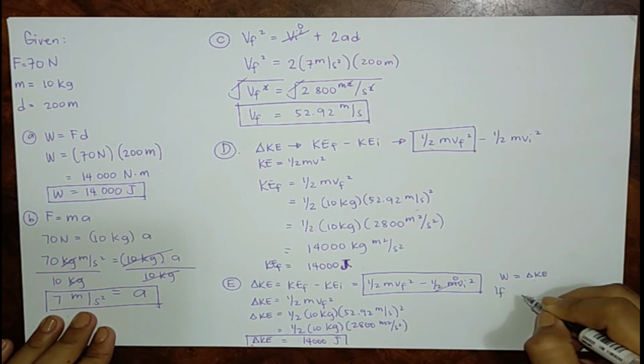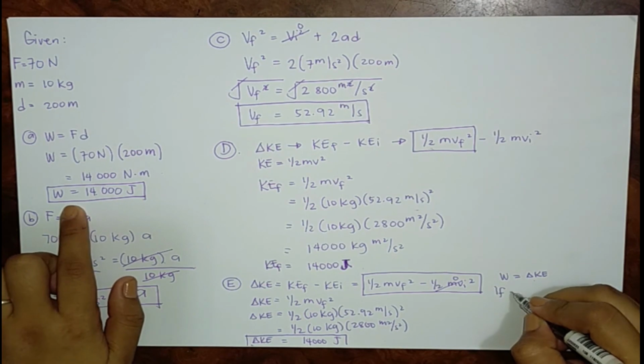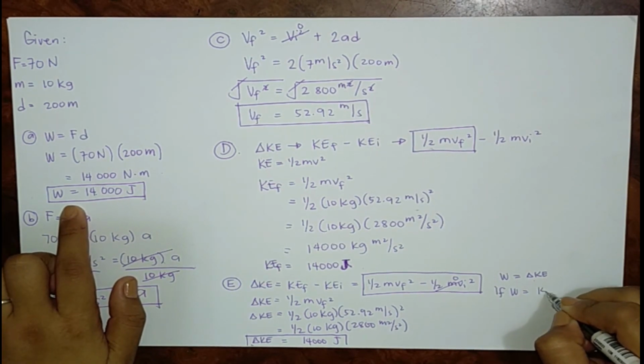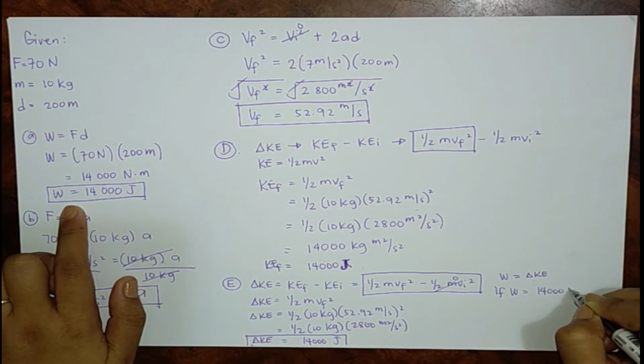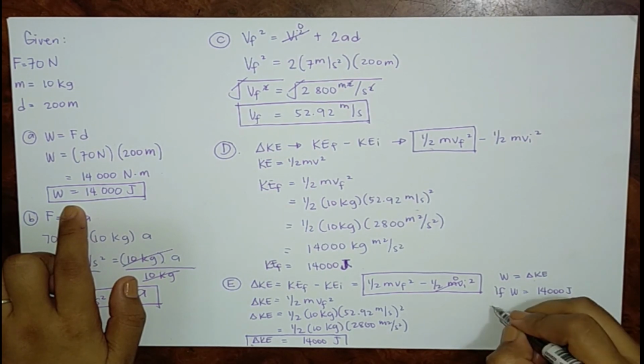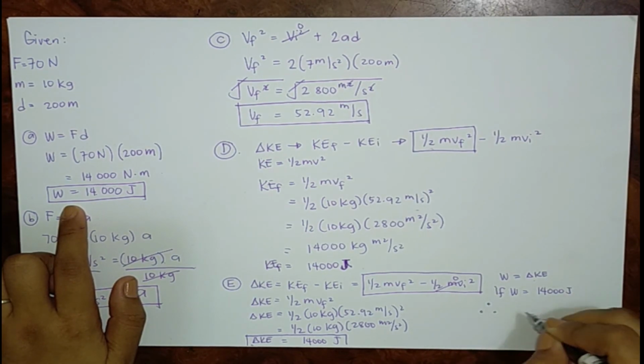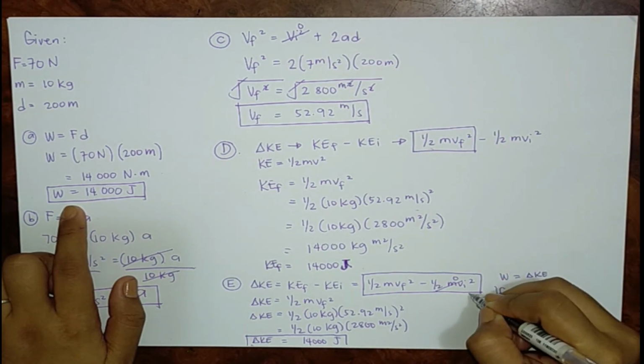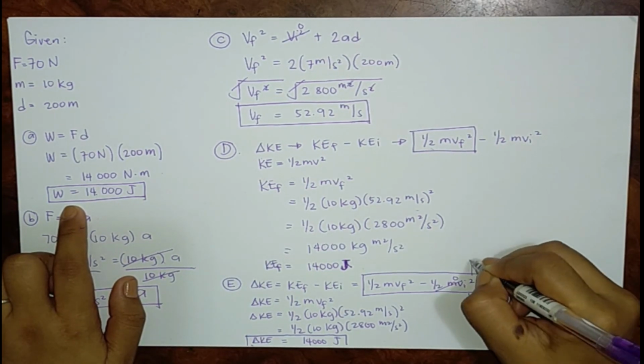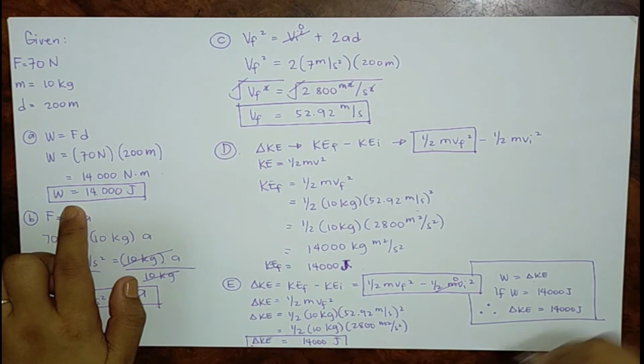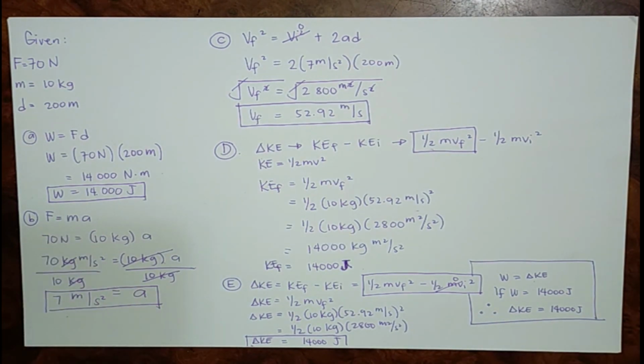So if the value of work is equal to 14,000 joules, then therefore, we can say that delta KE is also equal to 14,000 joules. And this is now how you answer using the relationship of the work and the change in kinetic energy.